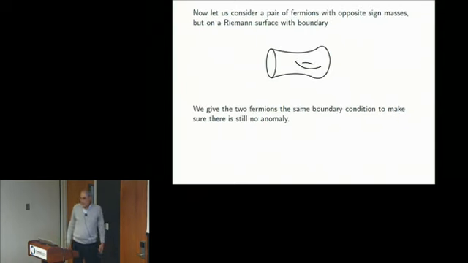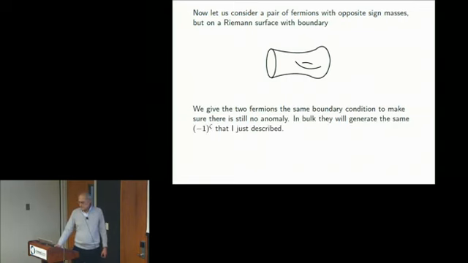Now let's consider the pair of fermions with opposite sign masses, but on a Riemann surface with boundary. We give the two fermions the same boundary condition to make sure there's still no anomaly, but they continue to have opposite sign masses. So in the bulk, they generate the same minus 1 to the zeta that I described.